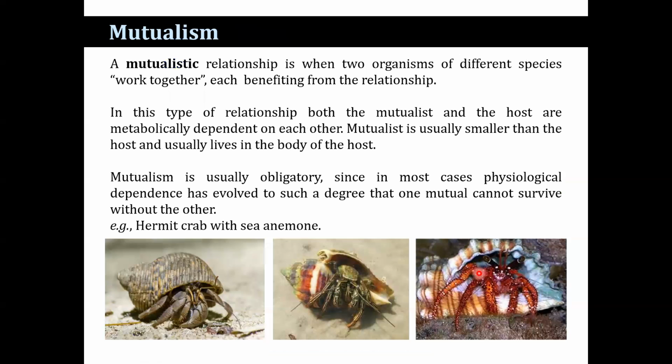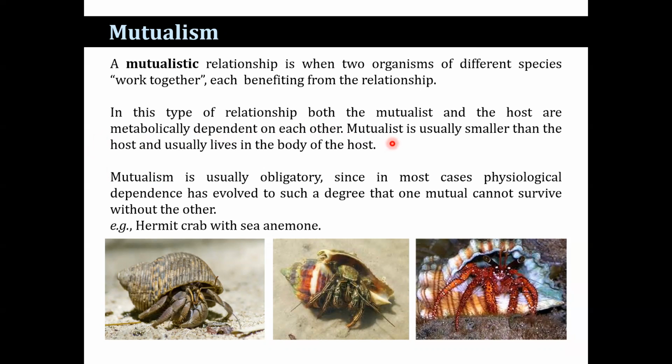And then the last of the animal associations is mutualism. A mutualistic relationship is when two organisms of different species work together, each benefiting from the relationship. In this type of relationship, both the mutualist and the host are metabolically dependent on each other. That is important, metabolically dependent on each other.